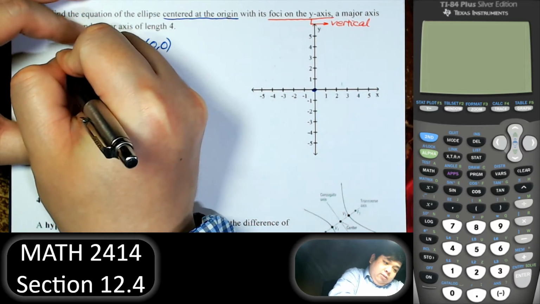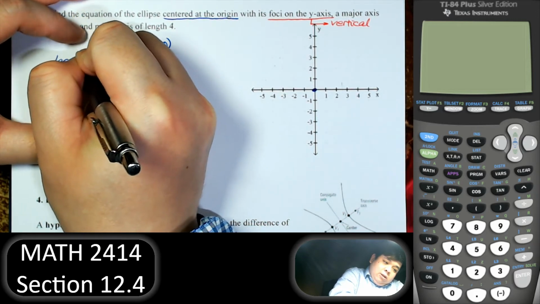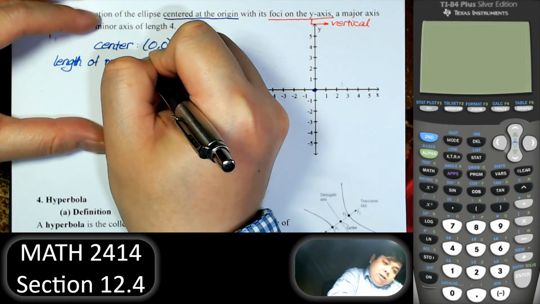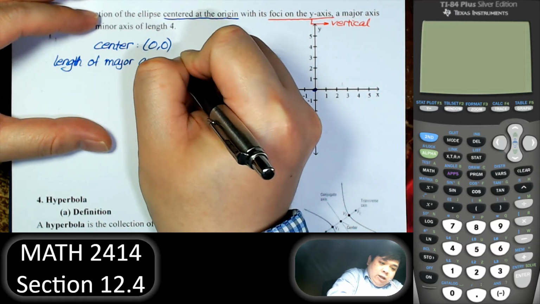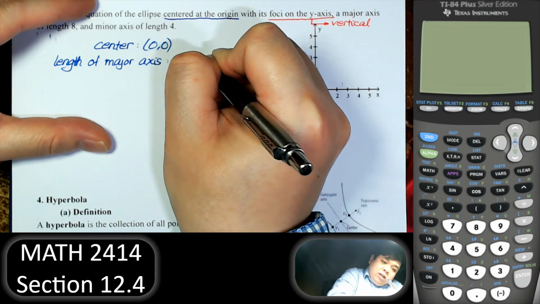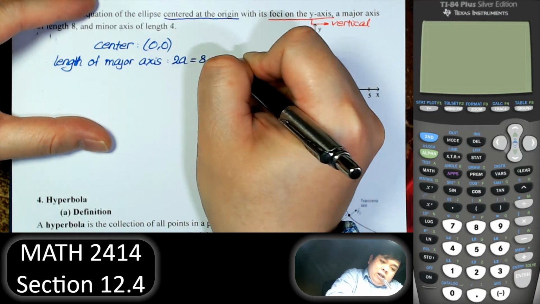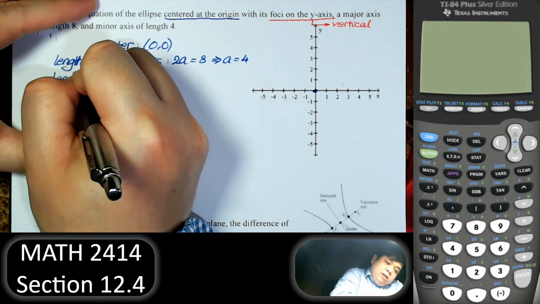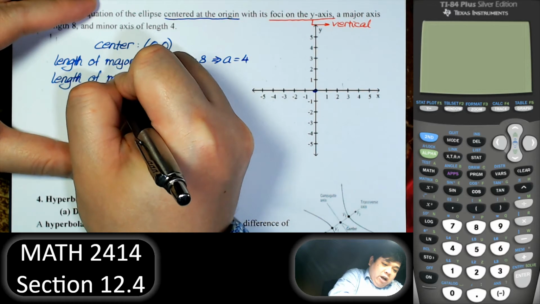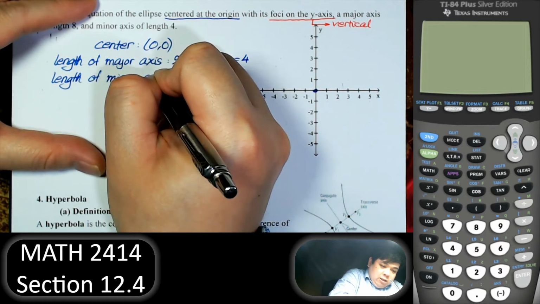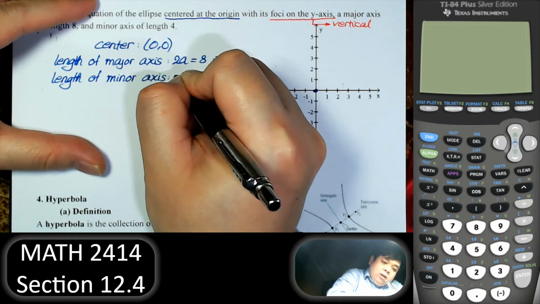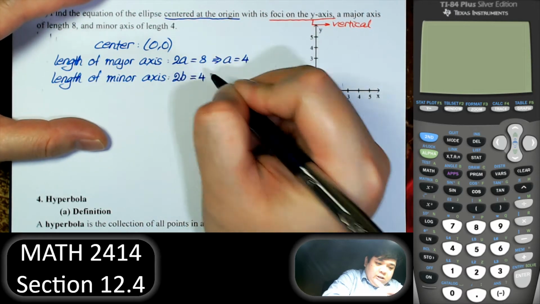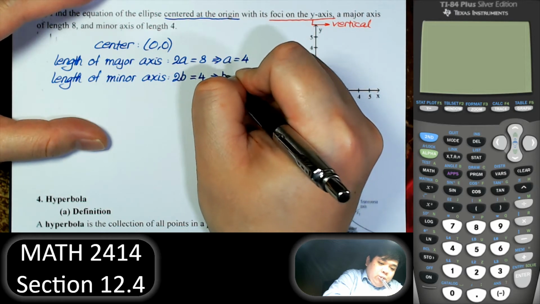So the length of the major axis is 2a, but it is equal to 8, so a is 4, and the length of the minor axis, 2b, is 4, meaning b is going to be 2.